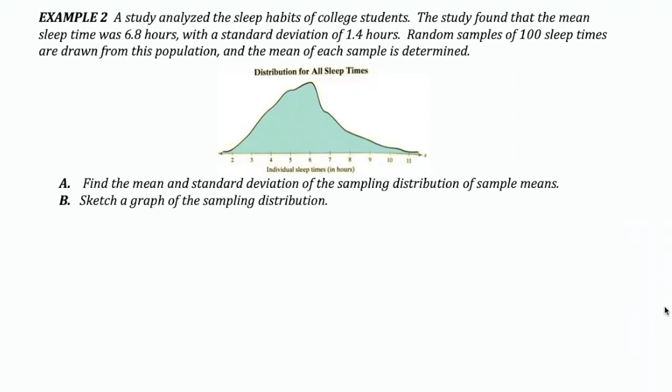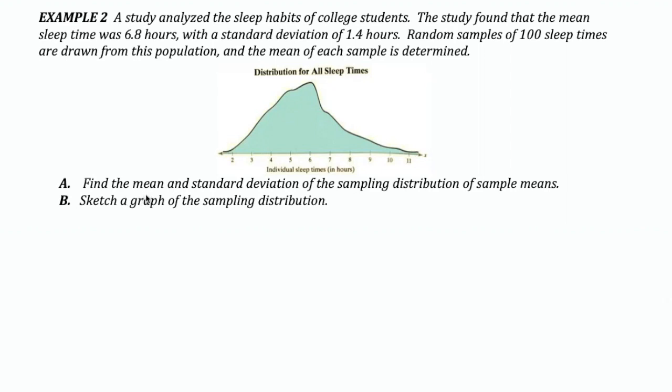So again, I have the entire data set, and I'm going to randomly take samples of 100 of those sleep times. So I take a sample of 100, then I find its mean. I take another sample of 100, and I find its mean. And again, these samples can overlap.